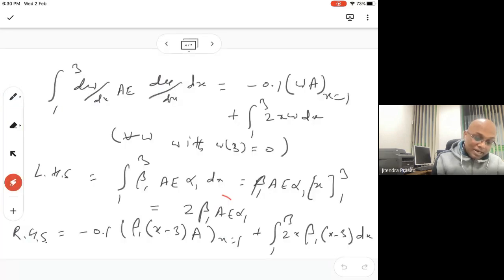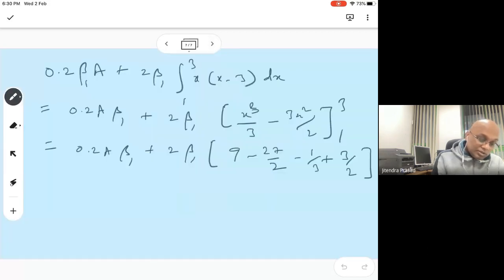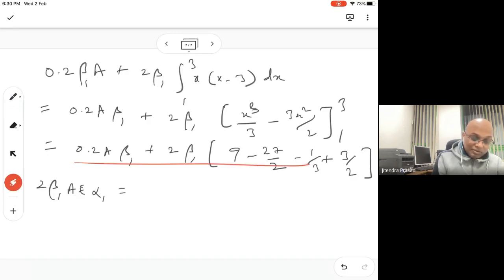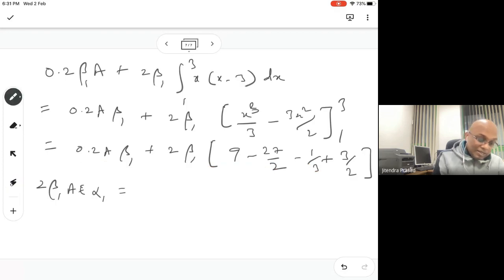Looking at the left hand side, so 2 beta 1 A E alpha 1. So 2 beta 1 A E alpha 1, right? And that is equal to this value, right? So I will just write here equal to this, like this.